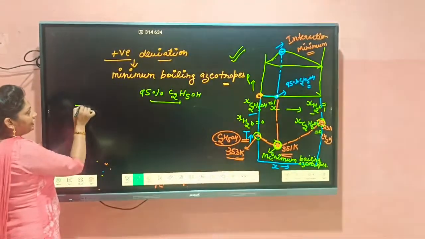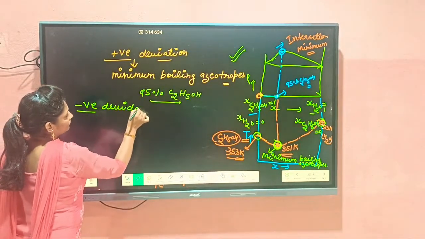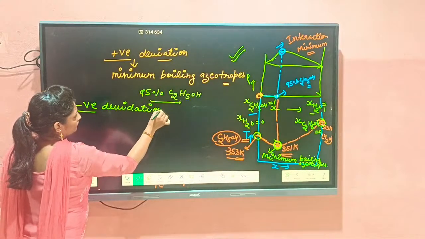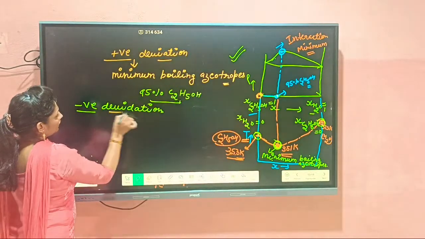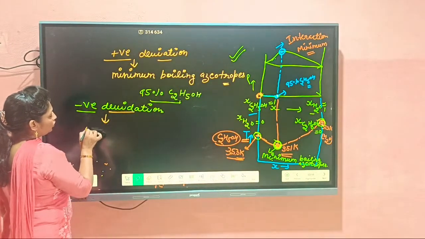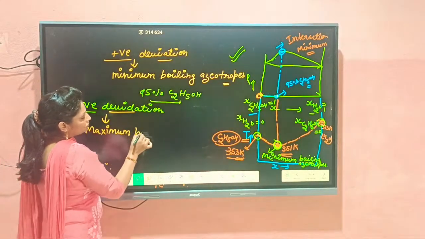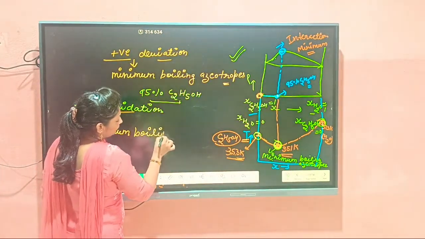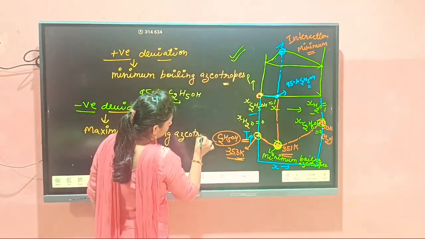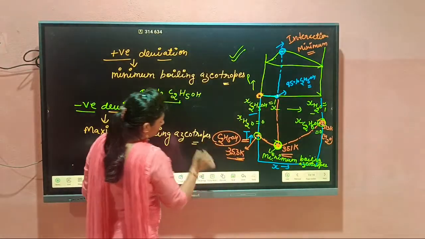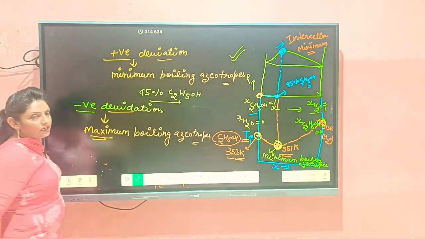But negatively deviated solutions show maximum boiling azeotrope.